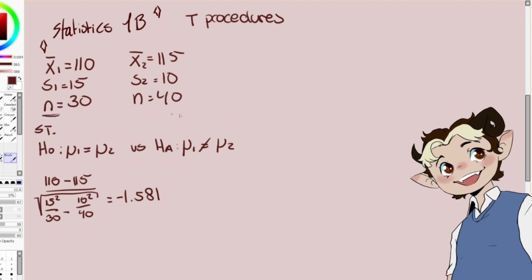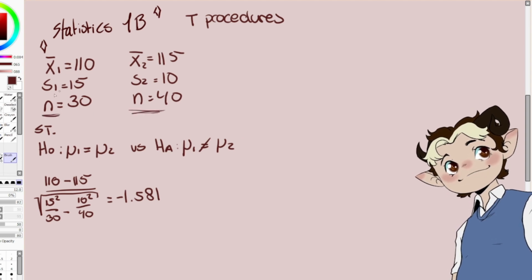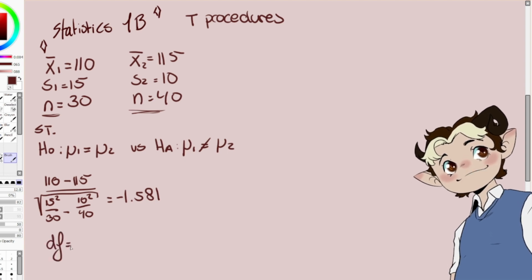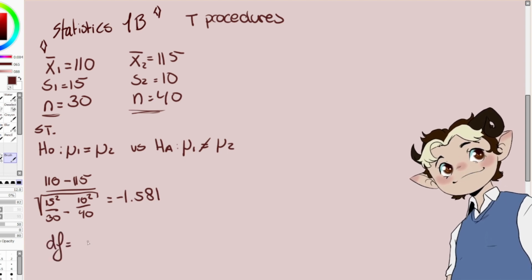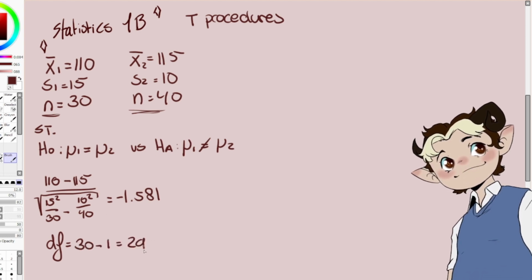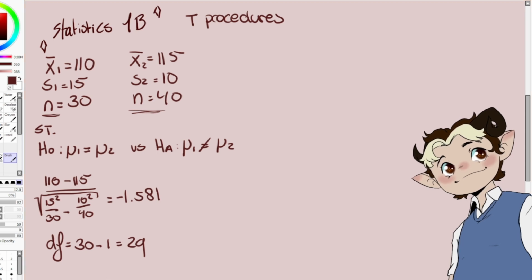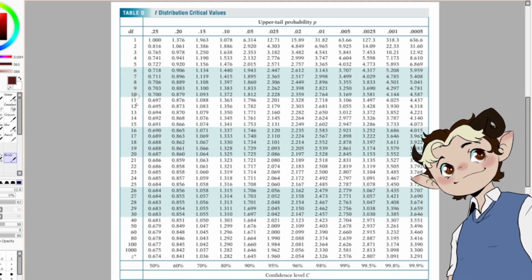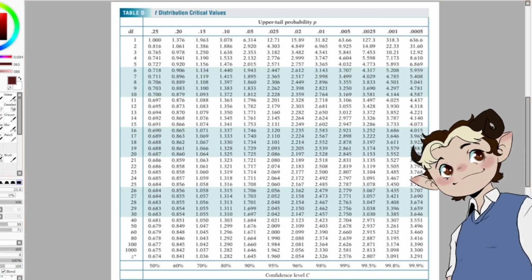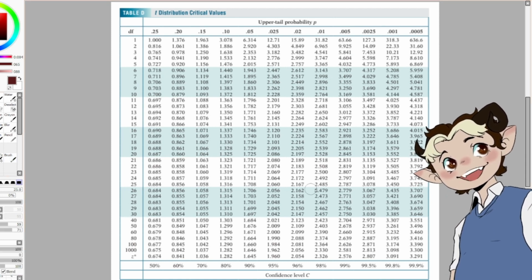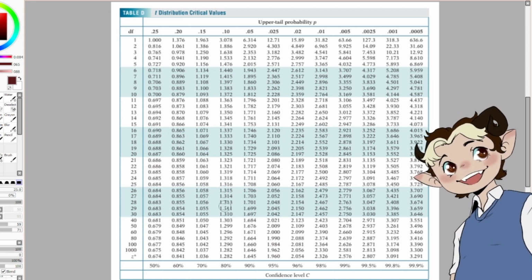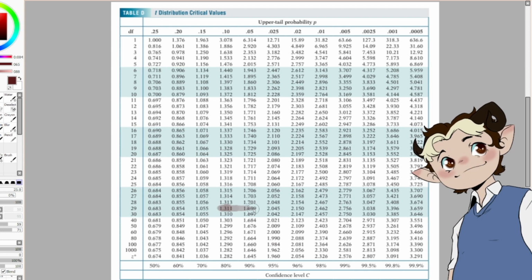How do we get our degrees of freedom? Well, we look at our two sample sizes, and we see that our smallest is 30. So our degrees of freedom is the smallest sample size, 30, minus 1, which is 29. Then we look at our t table, look at 29, then we try to find where our value is. Well, it would fall in between these two.